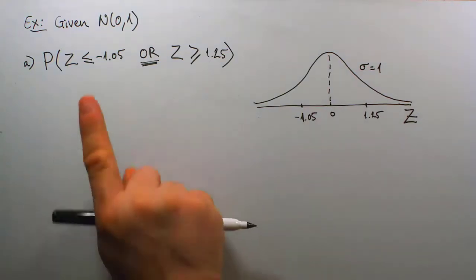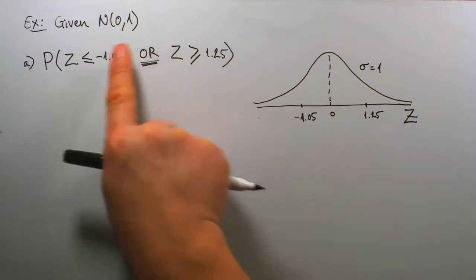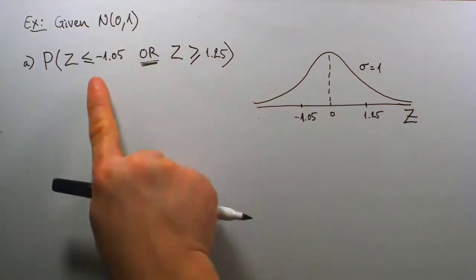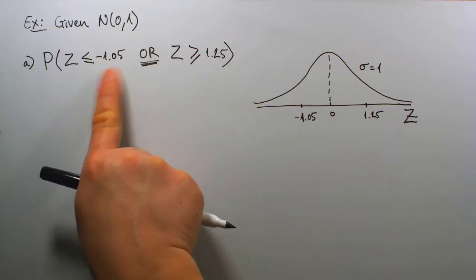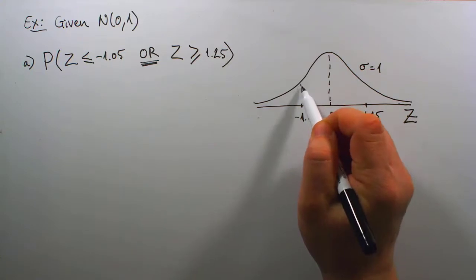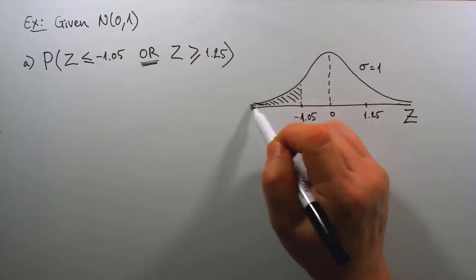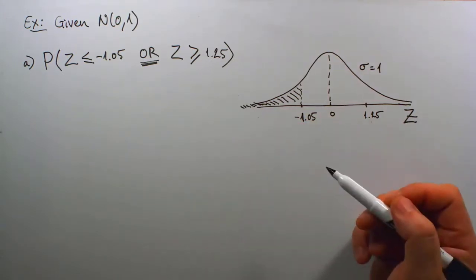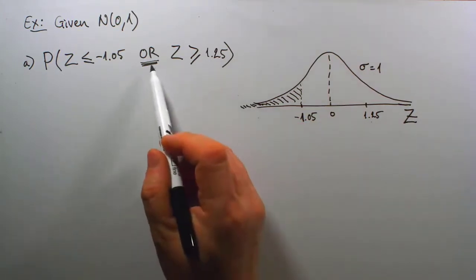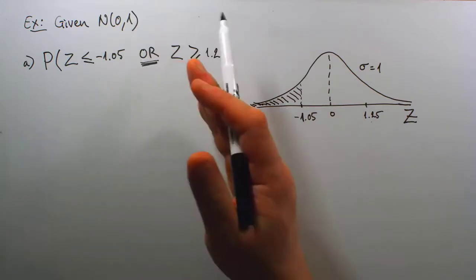The way our event statement is reading, we want z less than or equal to negative 1.05. So immediately we can produce an area shaded to the left of negative 1.05.